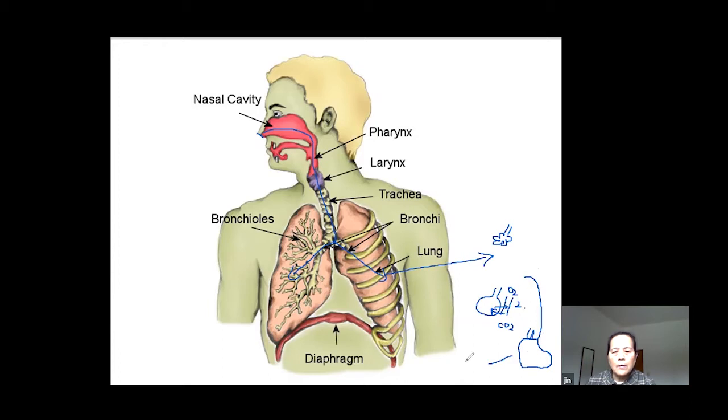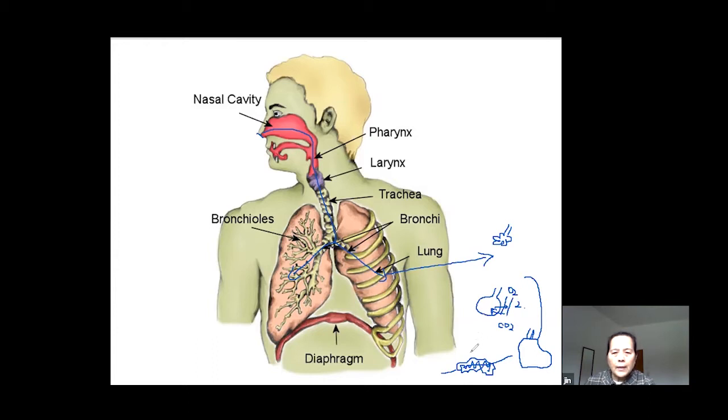In the tissue part there are small, tiny blood vessels, still capillaries. In that part the gas exchange happens.